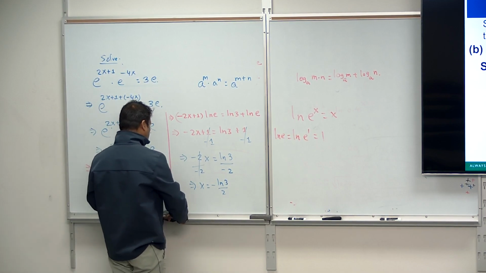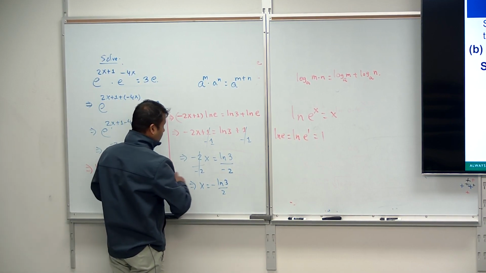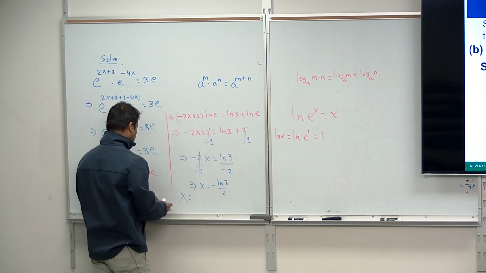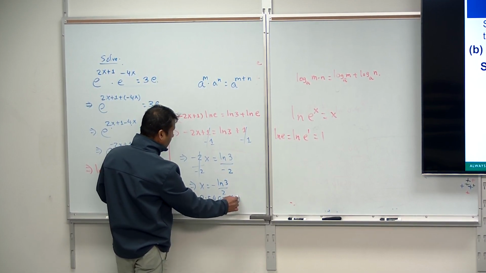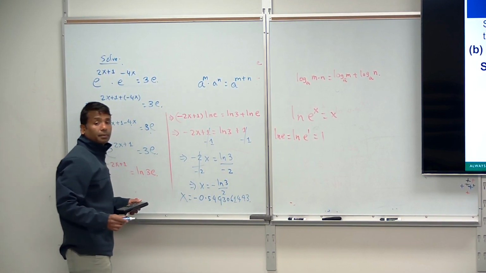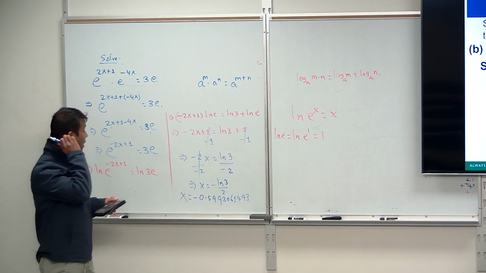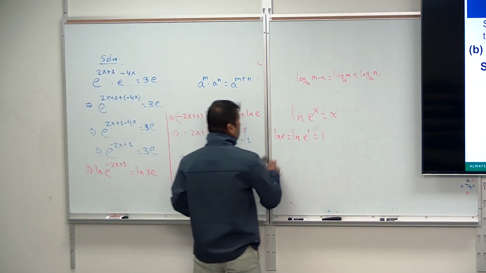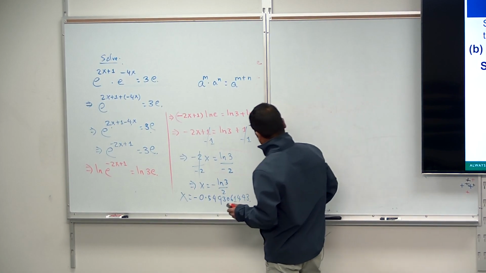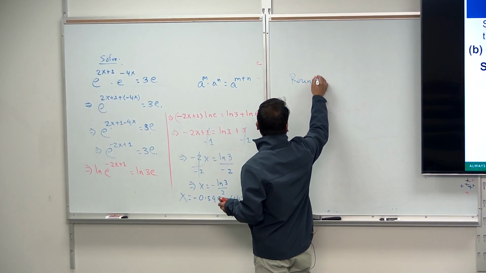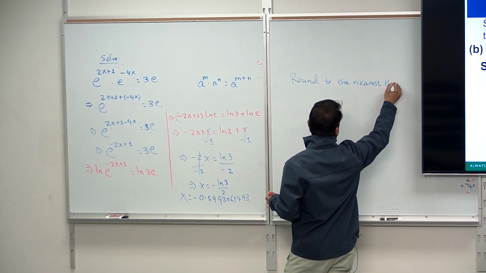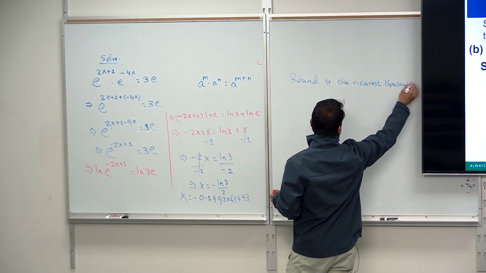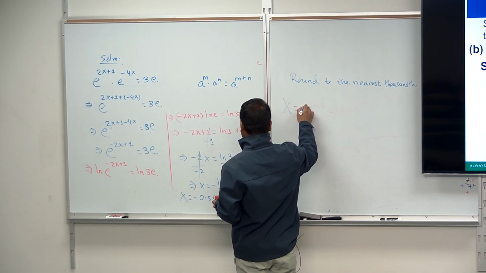So I got x equal to negative 0.54930614443. And you round to the nearest thousandth, okay? So x equals negative 0.